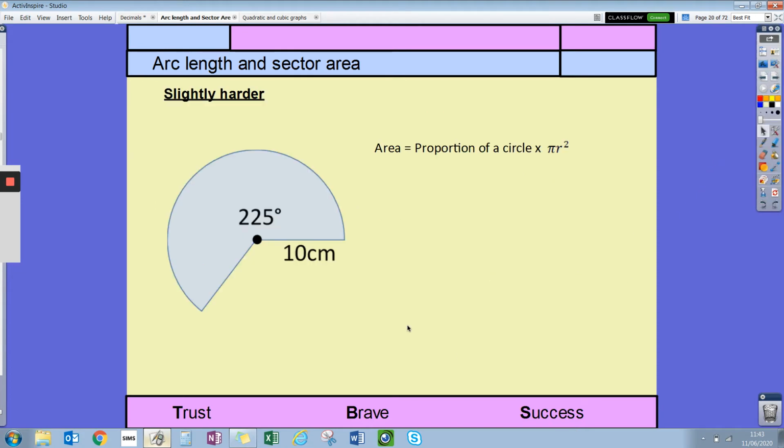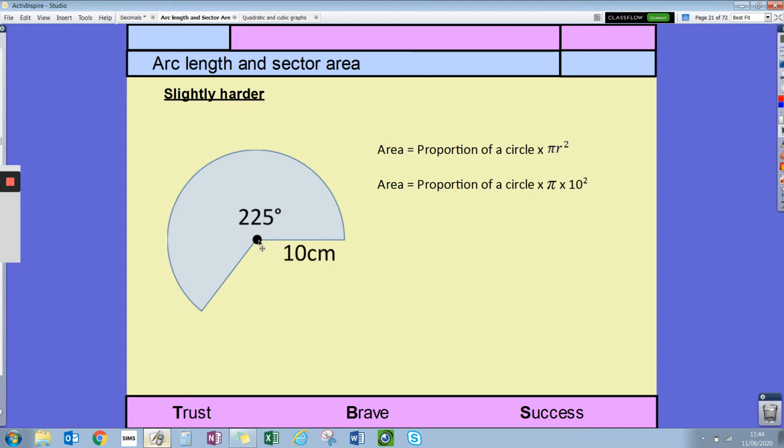Then we've got a slightly harder example where we can't immediately see the proportion of the circle that we need. So to begin with, we're just going to focus on the area of the full circle like we had previously. We're going to do pi times the radius 10 squared. And the proportion here is the proportion of the full circle. So we know that there's 225 degrees.